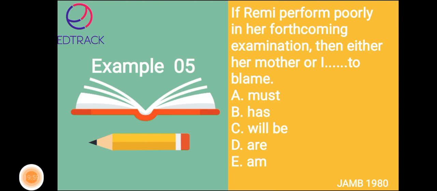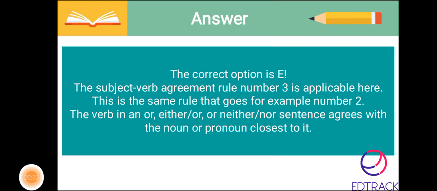Now, what is going to be the verb to fix in here? So if Remy performed poorly in a forthcoming examination, then either a mother or I am to blame. Either a mother or I am to blame. So the appropriate verb that's going to fill in that gap is option E. And the explanation is given right again.